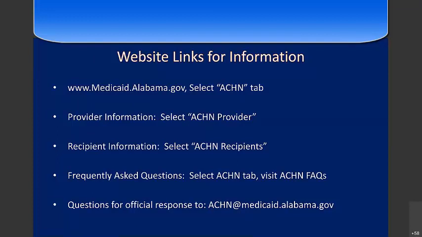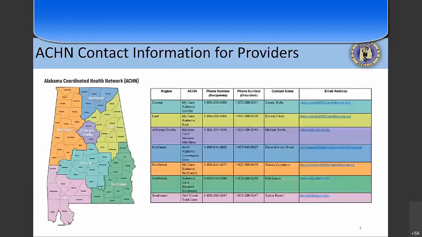Yes, I just wanted to add, if you're looking for the contact information for the ACHN, you can find that specifically for your contacts for providers. We do have it distinguished for you and as well for recipients. Under the ACHN providers, you'll see both the executive director and email address for a direct contact to the ACHN, but this is only for providers.